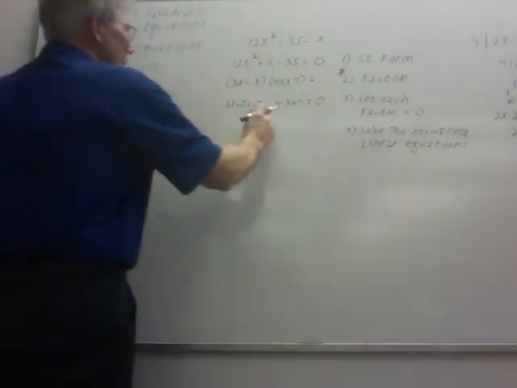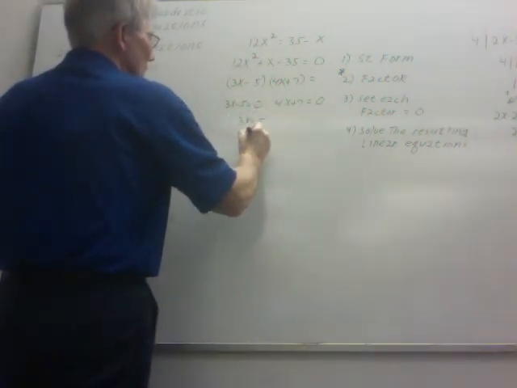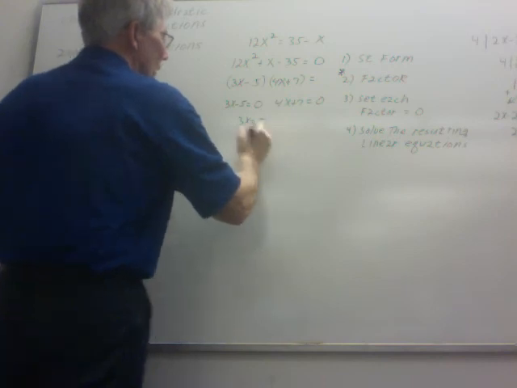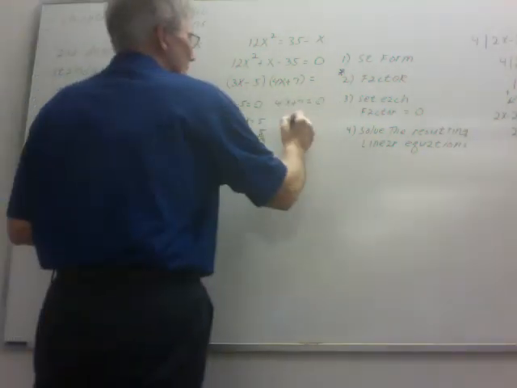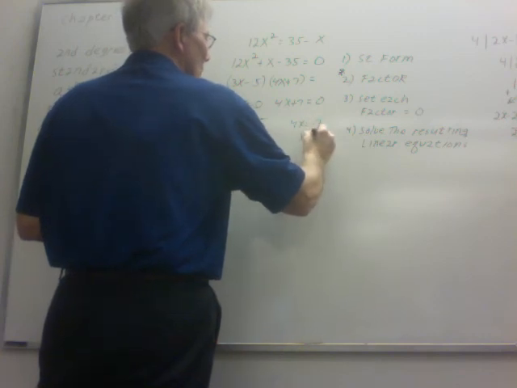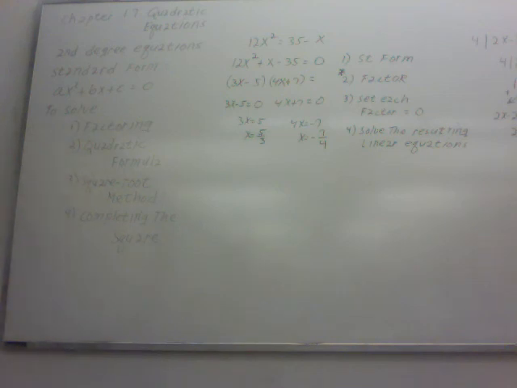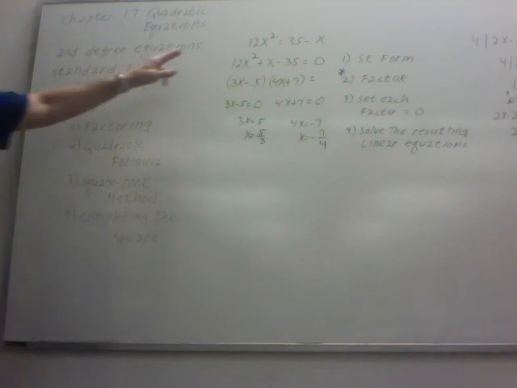Here I'm going to add 5, so I've got 3x is equal to 5. X is equal to 5/3. Here I'm going to subtract 7. 4x is equal to negative 7, and x is equal to negative 7/4. Those are the two answers to that quadratic equation, and we solved it by factoring.